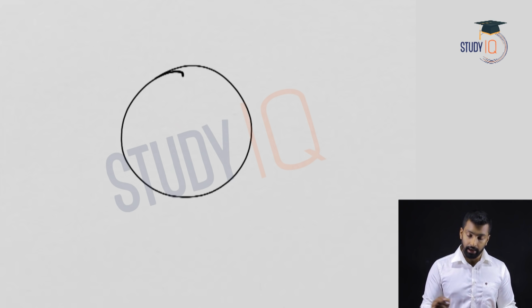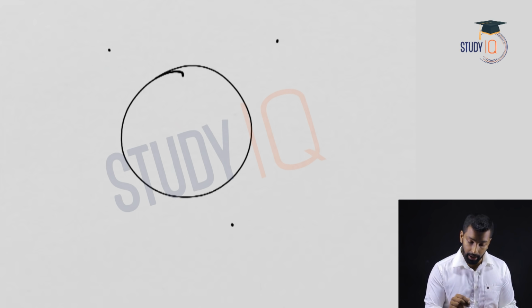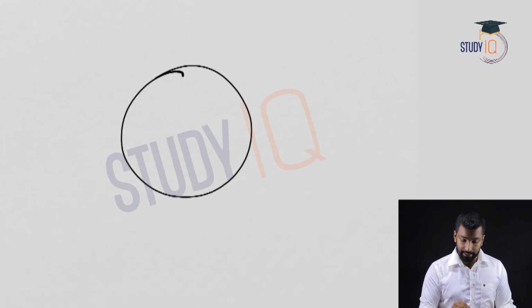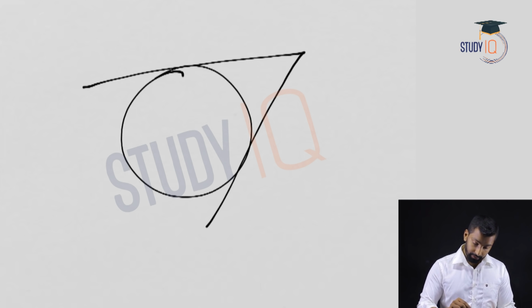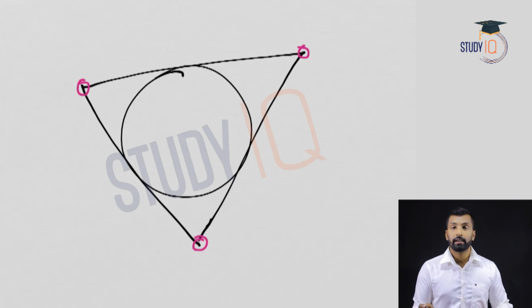Again, if you see 3 points outside the circle like this, then also you should think of joining points. You should think of making a triangle. So you can basically make a triangle by joining the tangents. It will be like this. So you see 3 points outside the circle, think of a triangle.